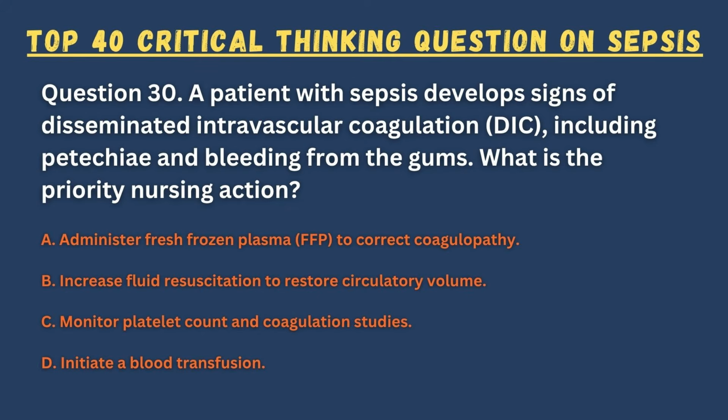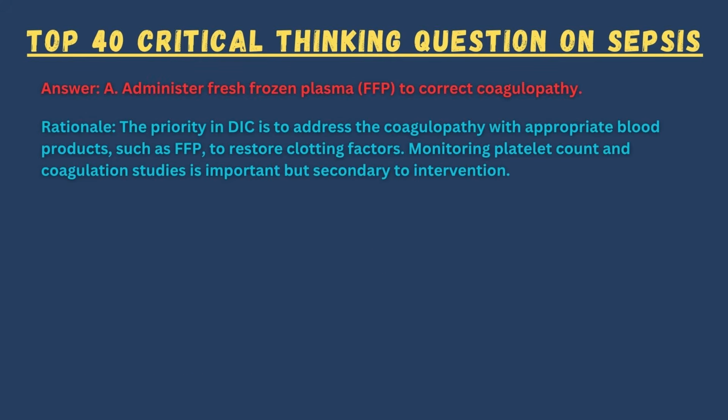D. Initiate a blood transfusion. Answer: A. Administer fresh frozen plasma (FFP) to correct coagulopathy. Rationale: the priority in DIC is to address the coagulopathy with appropriate blood products, such as FFP, to restore clotting factors. Monitoring platelet count and coagulation studies is important, but secondary to intervention.